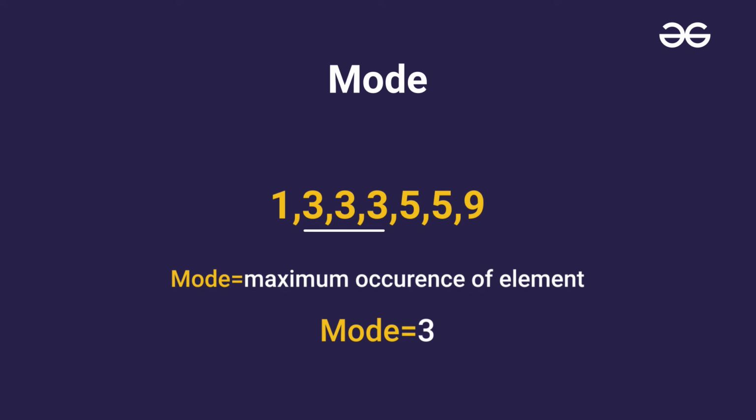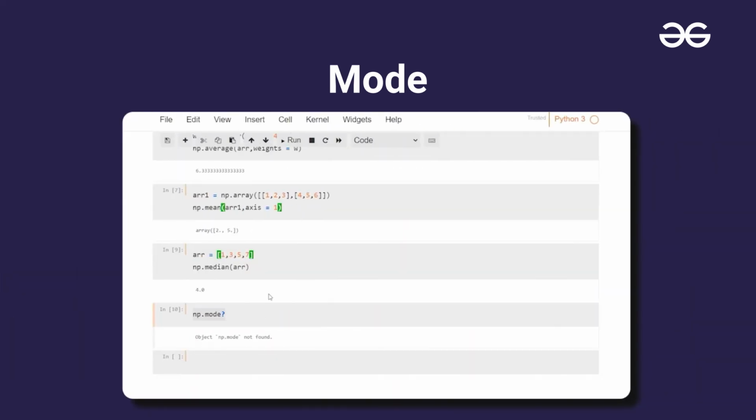Now, how do you find the mode? One way is to manually check which element occurs the maximum times. How do you do that? You create a counter, which basically finds the count of all the elements in the array, that is, how many times a particular element is occurring.